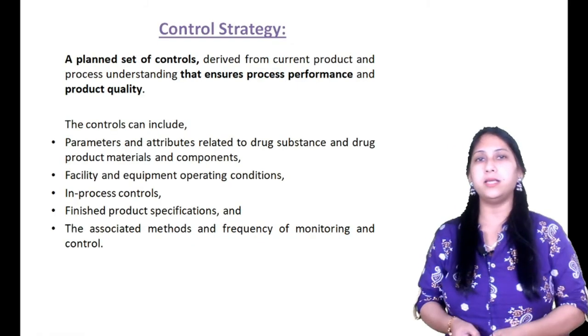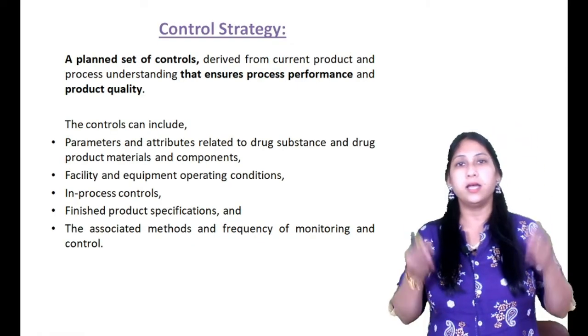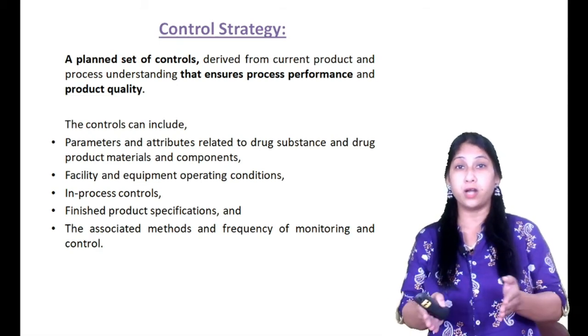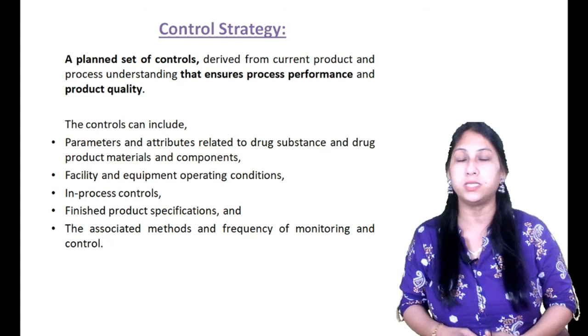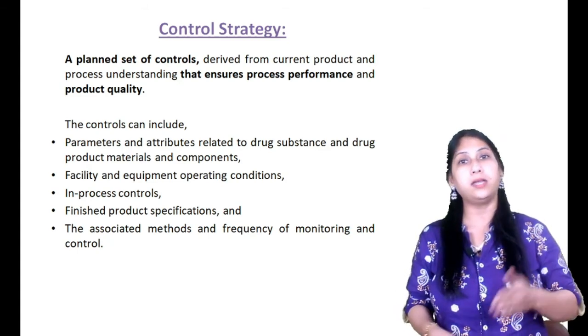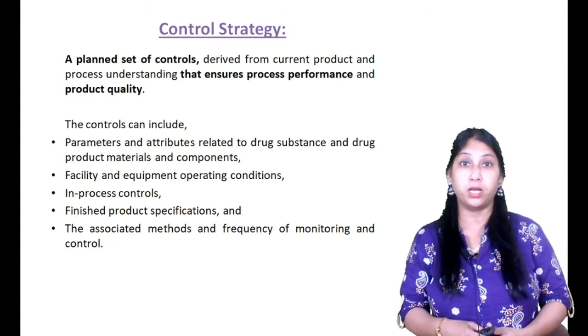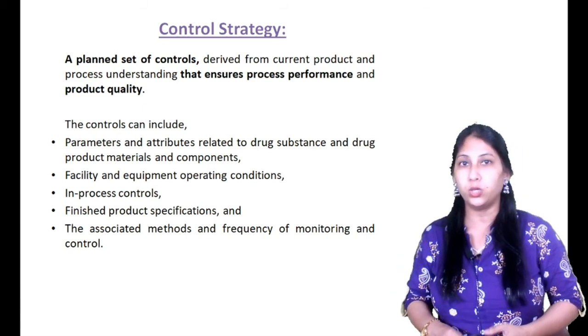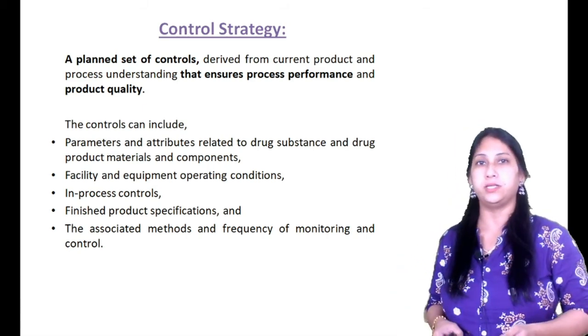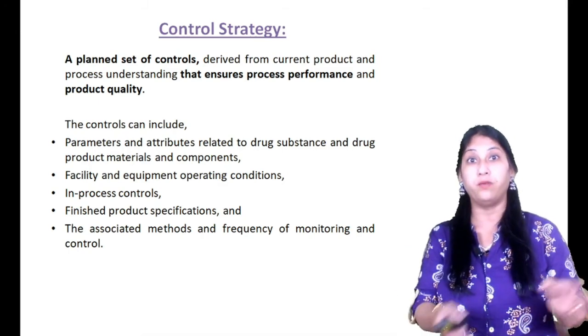Next element is the control strategy, and it is a planned set of controls which are derived from the current understanding of the process and product, and that ensures the quality of the product and the process performance. So these controls can include all the attributes and characteristics of material that is involved in the product.